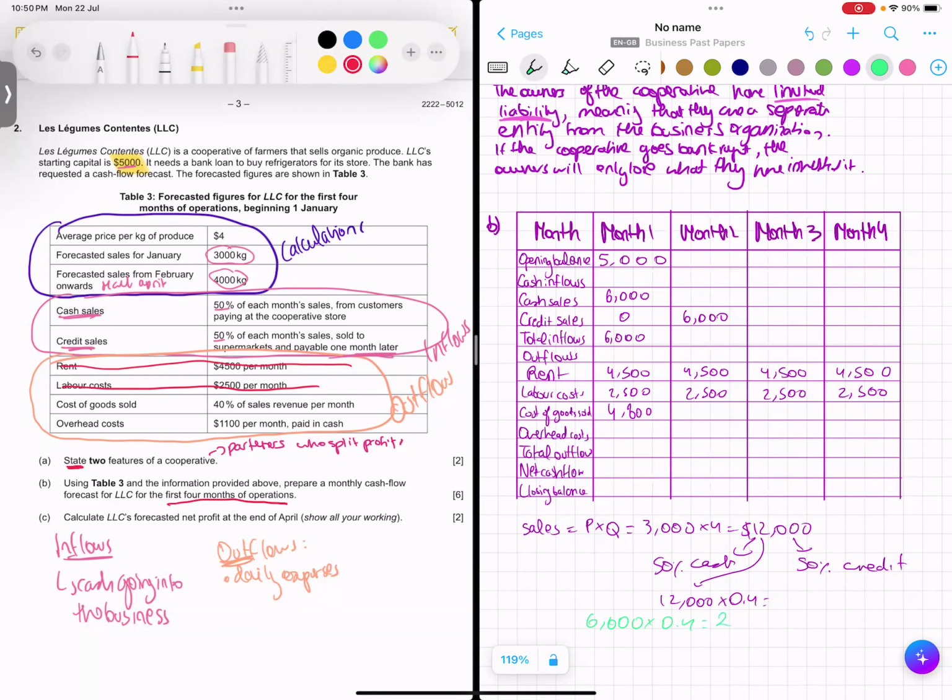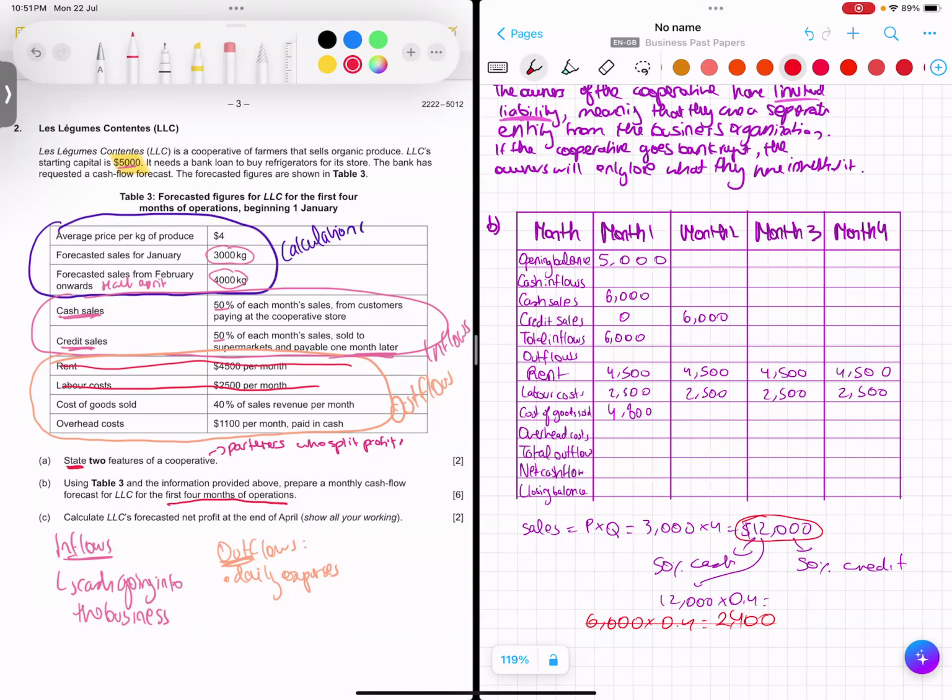But this is actually wrong. I should do this in red, because green makes it look like it's right. You should not be doing that. It's actually supposed to be the whole sales, which is 12,000.